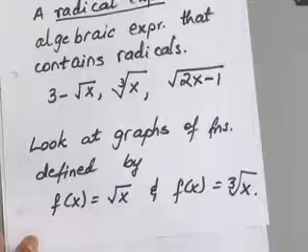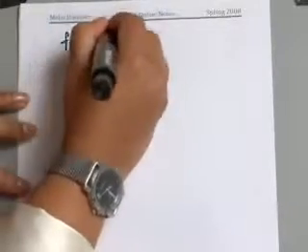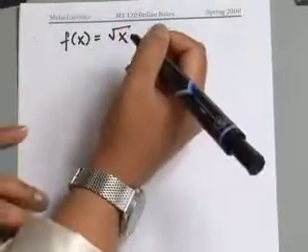Now to look at the graph of these functions, we're basically going to use the basic graphing method, which is: find a few points, plot them on your coordinate axis, and then join the points. Okay, so something really simple here. We'll start with the square root of x graph first.